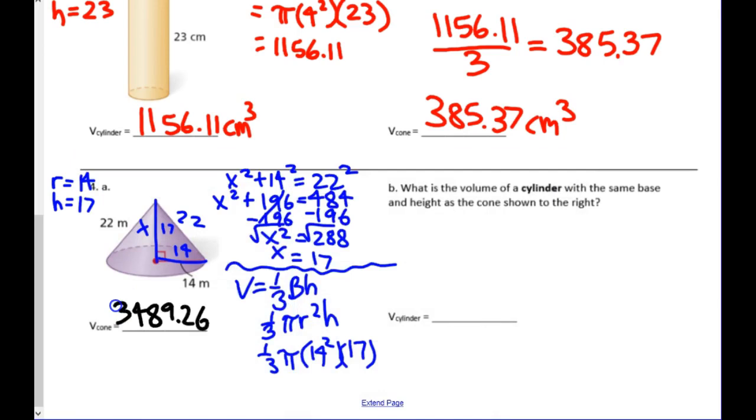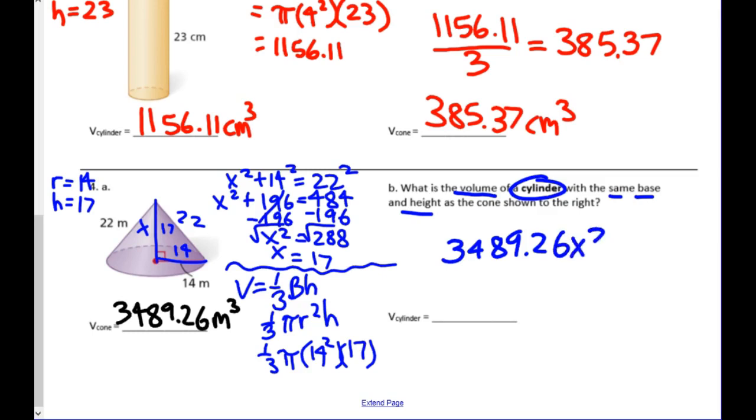And my units are meters cubed, right? So that's pretty big, and then guess what? We're going from cone to, once again, up to a cylinder with the same base and the same height. So what do I do to this number? Do I multiply it or divide it?